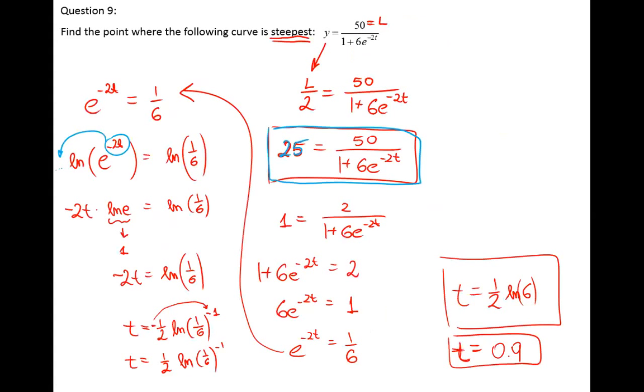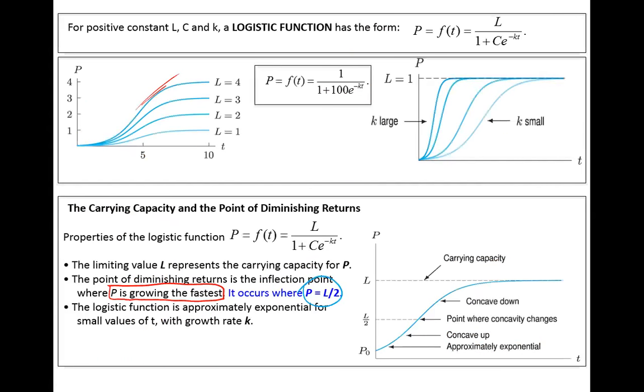Yes, always. The steepest point of the function is always at half of L. We can look at this function, and we can see the steepest point will always be at half of the L. That's always the case. And that's also the point where the concavity changes, of course, but that's the steepest point of the function.